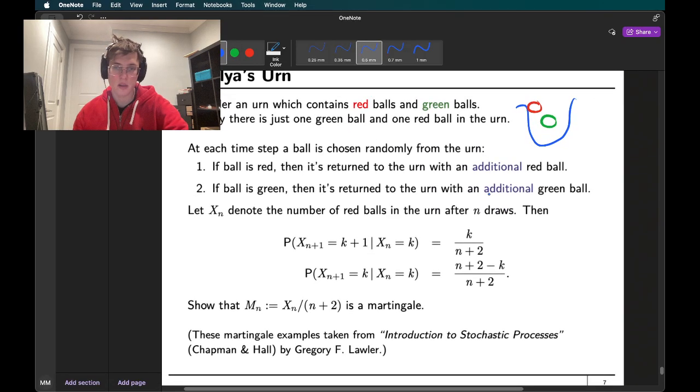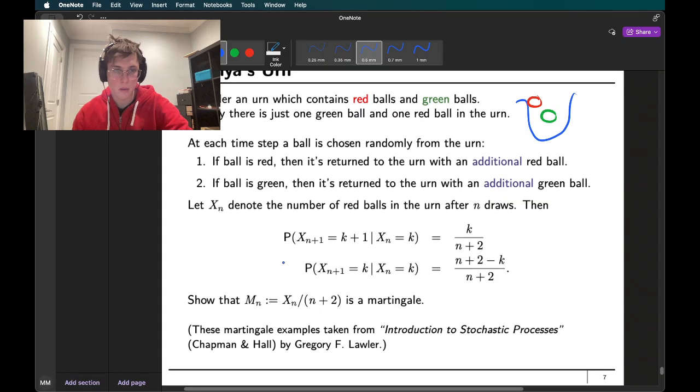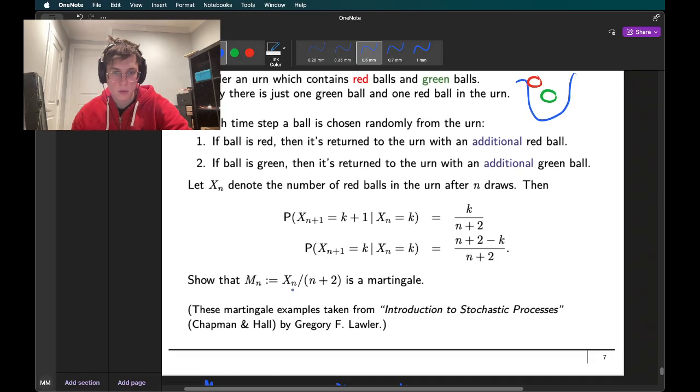So that's why we can't just say a martingale on the number of red balls. The martingale will be on the number of red balls divided by n+2, because the count is supposed to be increasing every single turn by either 1 or 0. That's like the number of red balls, and so then we have this n+2.